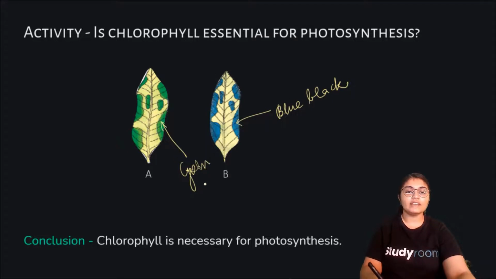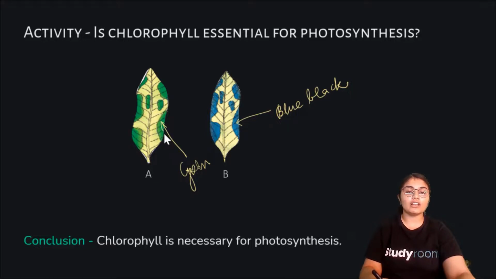and this is green in color. So basically what we can understand from this activity is that photosynthesis only took place when the plant was kept in sunlight for 6 hours. The photosynthesis only took place in the green parts of the plant, and why is this portion green? Because here we have a pigment called chlorophyll.